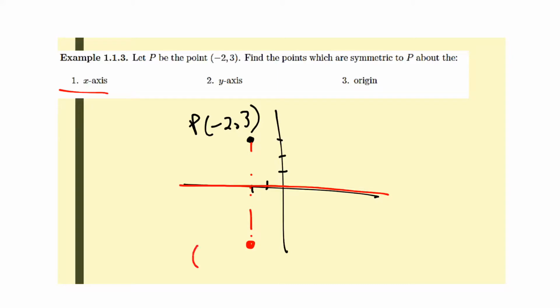That means you're going to have the same x value and the opposite y value. So (negative 2, negative 3). And if you're symmetric about the y-axis, that means you're going to go over to here.